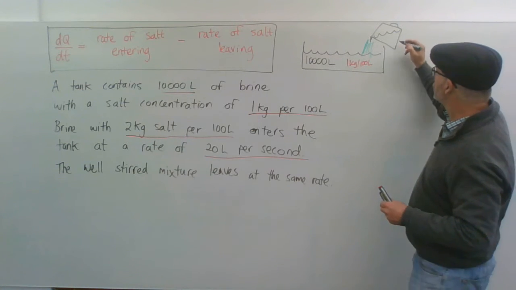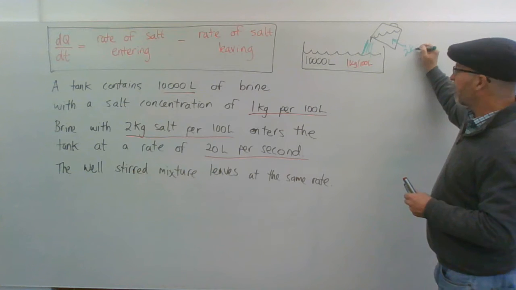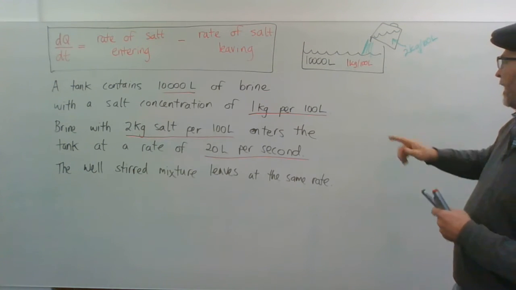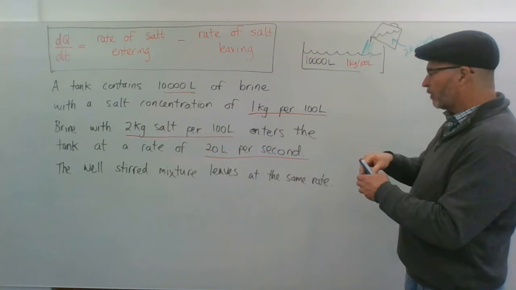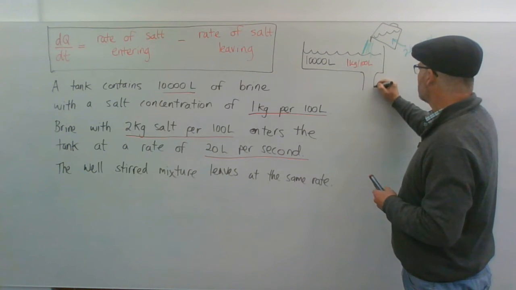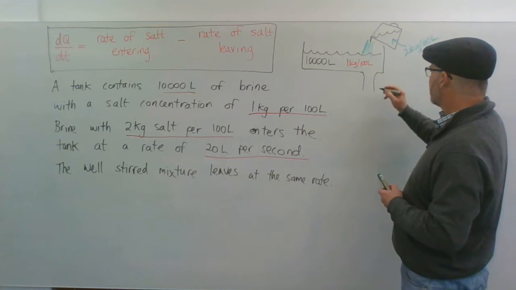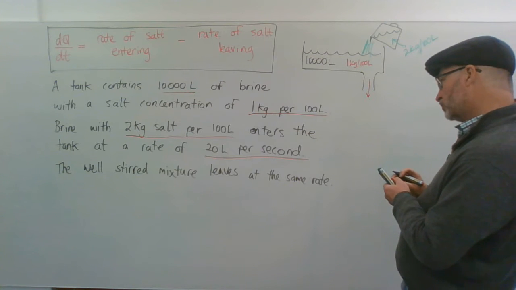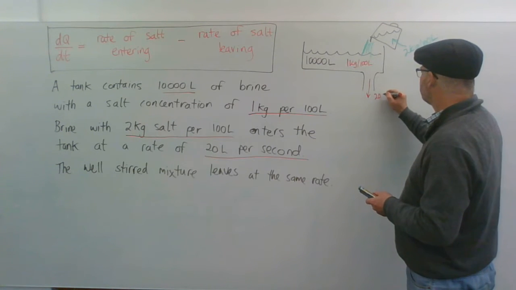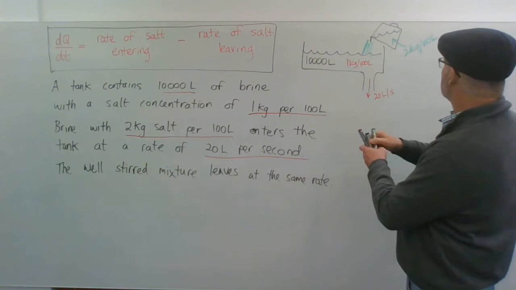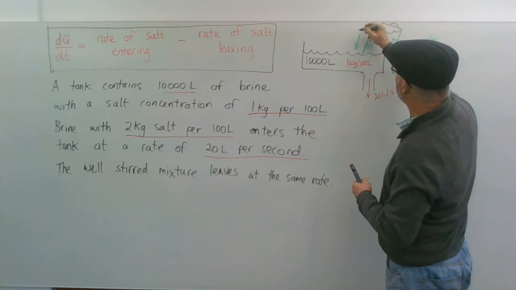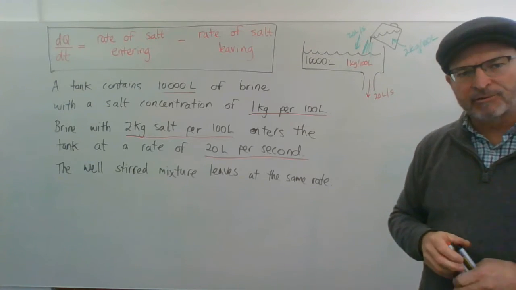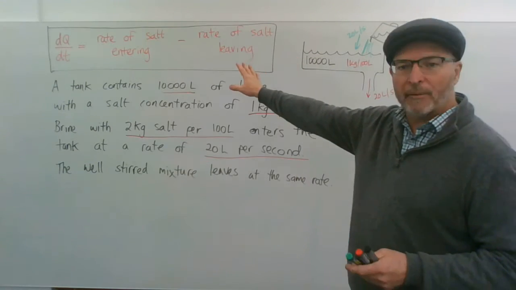And this salt is 2 kilograms per 100 litres. And we're also pouring out some solution, and the solution that's leaving here is leaving at 20 litres per second. And the solution that's going in here this way is going in at 20 litres per second. So there's our information.